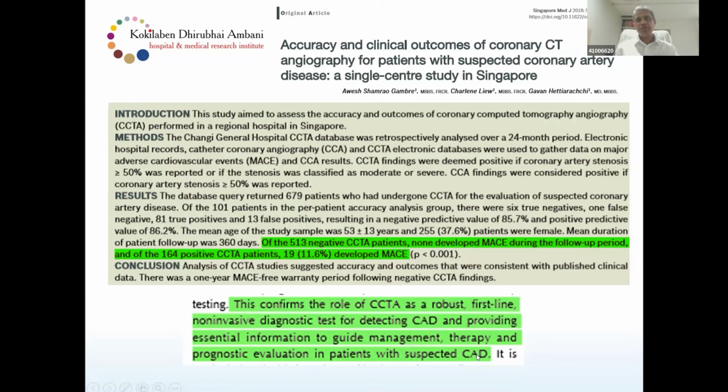In the 513 patients that they have studied, they have confirmed the role of CT coronary angiography as a robust first-line non-invasive diagnostic test.